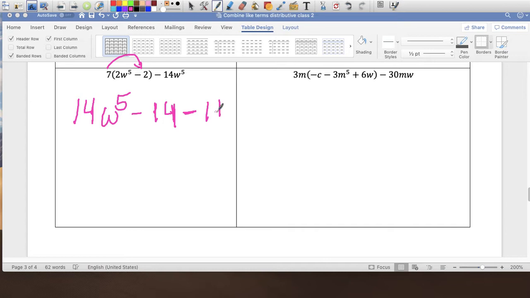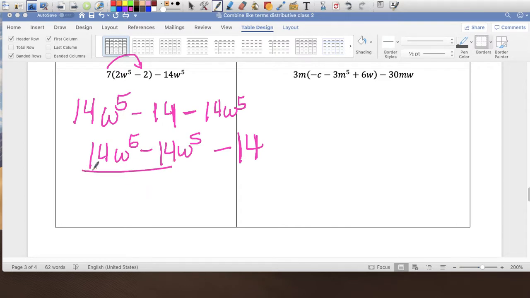So if you put them next to each other, like terms, this minus this gives you 0, right? And then your final answer is negative 14.